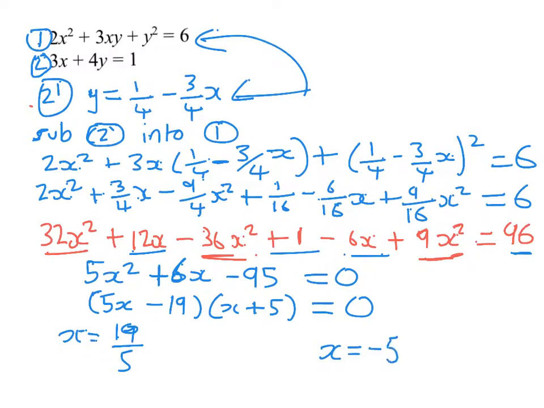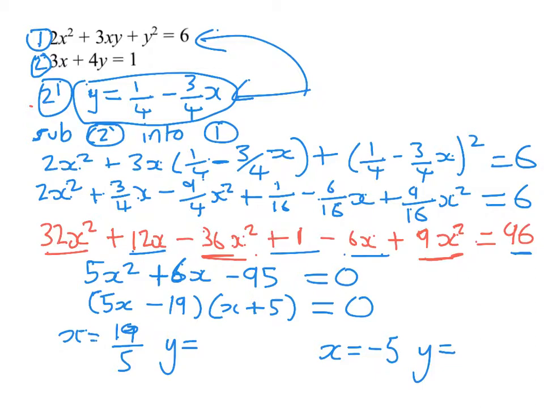Well, how do I find my y solutions that go with those? Simultaneous equations, you need solutions for x and for y. So when x is 19 over 5, you go back and use this and you substitute x in. You can just do that on a calculator.